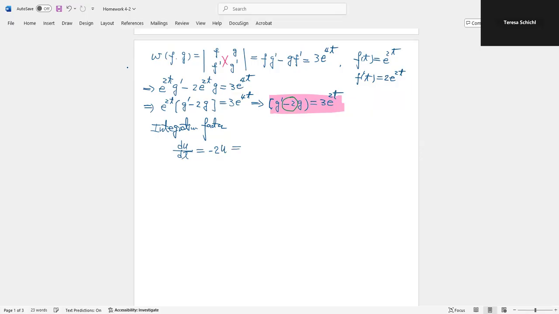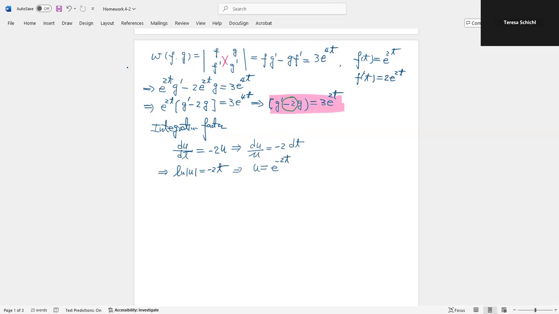Then isolating, du/u equals -2 dt. Then I integrate both sides. I get natural log of u equal to -2t, so u is equal to e^(-2t).